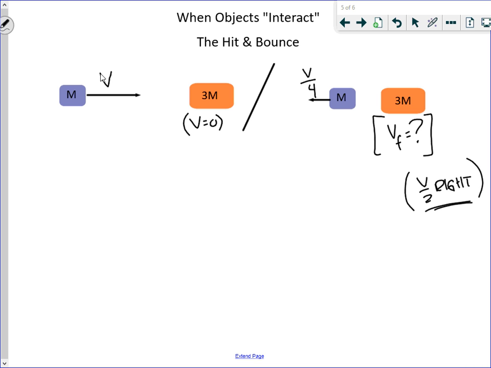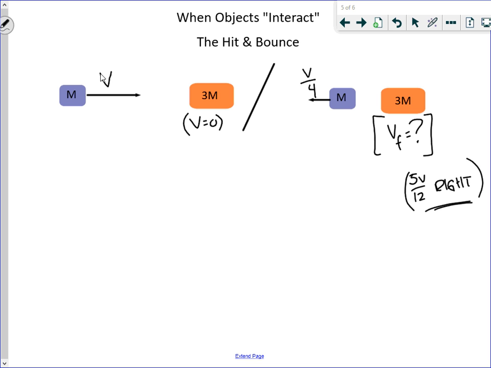No, it's not v over 2 to the right at all. I think it's 5/12 v. Whew. Yeah, I think it's 5v over 12 to the right. Yeah, that's what it is. Okay? So see if you can run through this solution and get that to prove itself out.